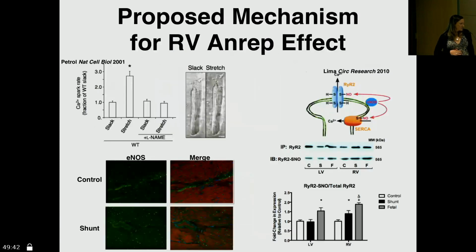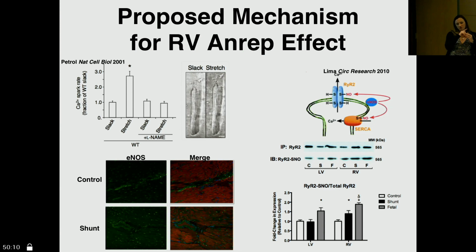And this may provide some mechanism for the observation that we had of the increased ANREP effect in the shunt RV, in that eNOS was more associated within the cardiomyocytes as opposed to simply at the endothelium in the shunted animals. And eNOS nitrosylates the ryanodine type 2 receptor, and that leads it to be more in the open conformation and allows more calcium efflux.